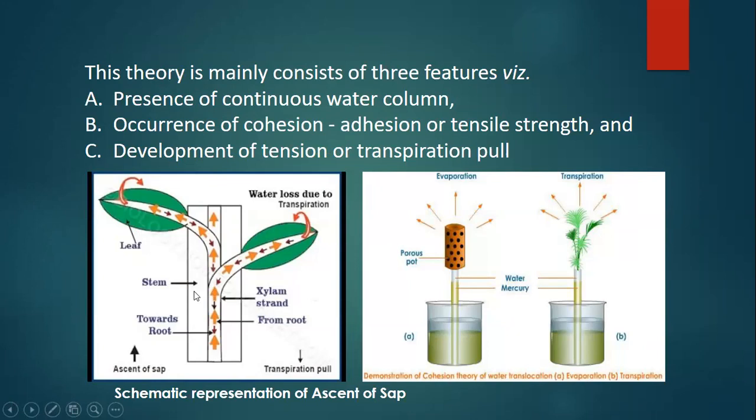And the first diagram explains how the transpiration process, by which the water loss is taking place from the mesophyll tissue of the leaf, creates a pull or a tension, and that is what you call transpiration pull, which is coming down until the root region.